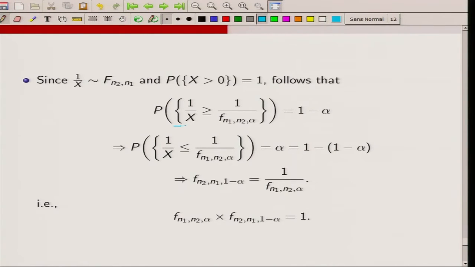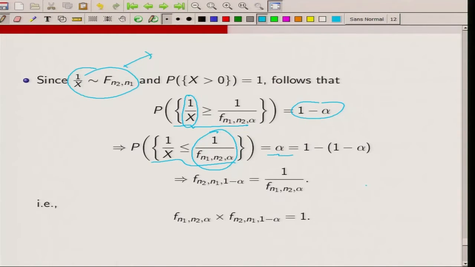So, probability 1 by x greater than or equal to 1 upon F n1, n2, alpha is same as 1 minus alpha. But 1 by x has the same distribution as F of n2 n1, we have just seen. So, this is equivalent to saying that probability 1 by x less than or equal to 1 upon F n1, n2, alpha is same as 1 minus of 1 minus alpha, which is same as alpha. So, that means this quantity is nothing but alpha's quantile of F n2 n1.